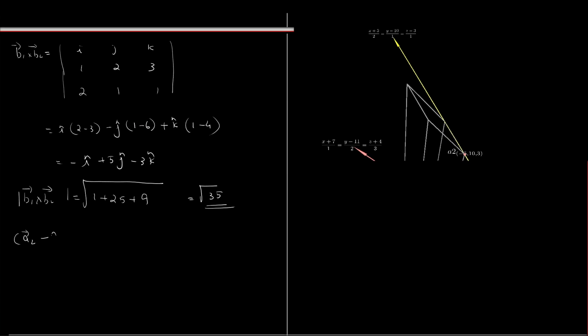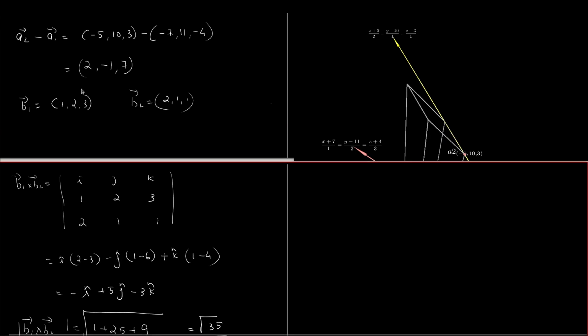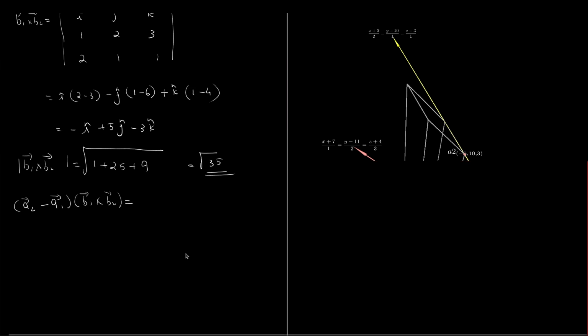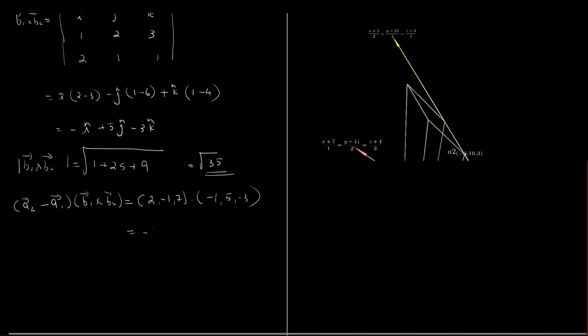A2 minus A1 is 2, minus 1, 7. The dot product with B1 cross B2, which is minus 1, 5, minus 3, gives minus 2, minus 5, minus 21. So that is minus 28.